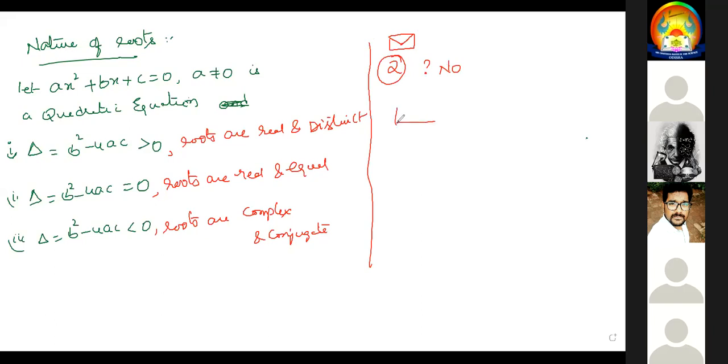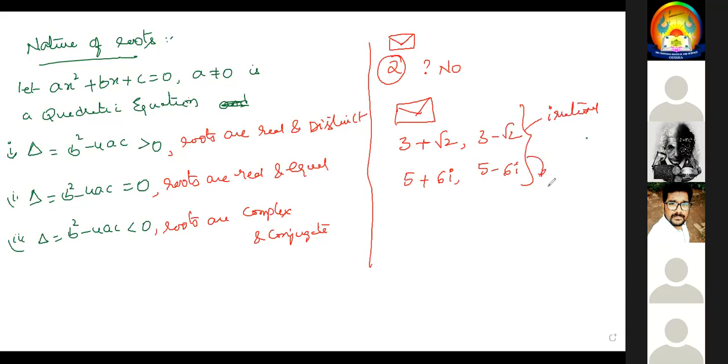But if one root is 3 plus root 2, remember my dear guys, the other root is 3 minus root 2. If one root is 5 plus 6i, the other root is 5 minus 6i. So that is one more advantage of an irrational root or complex root.